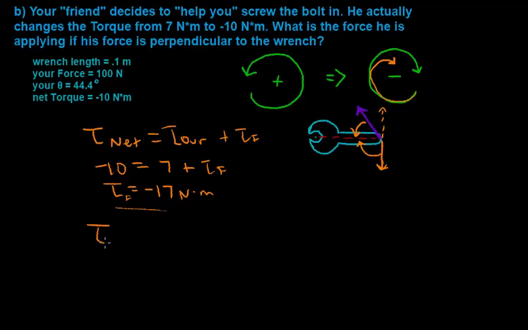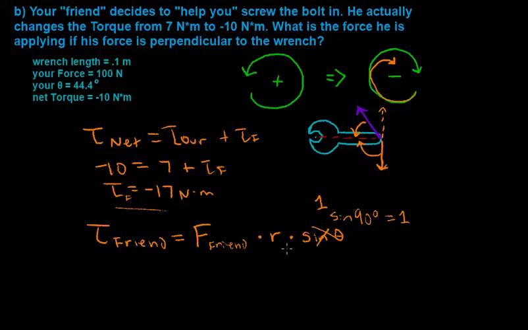So we can do the same thing that we did last time in part A to find the force of our friend, because we know that torque is equal to the force applied times the length of our wrench times the sine of theta. And actually sine of theta is just going to equal 1 here, because the sine of 90 degrees is just equal to 1.